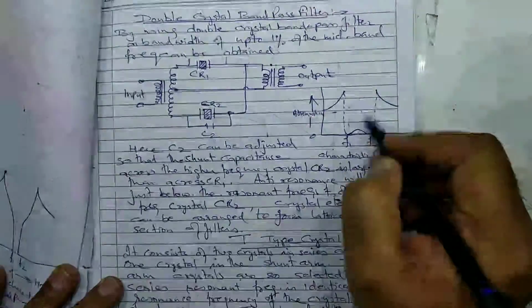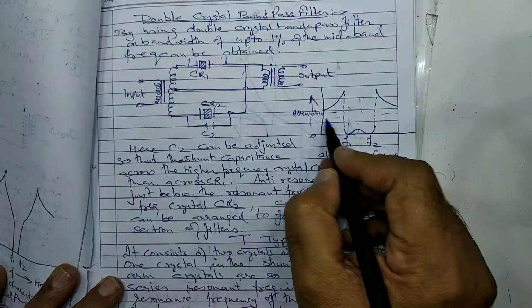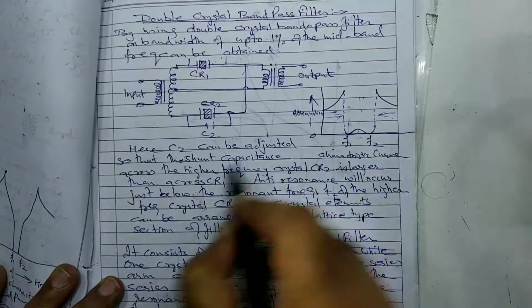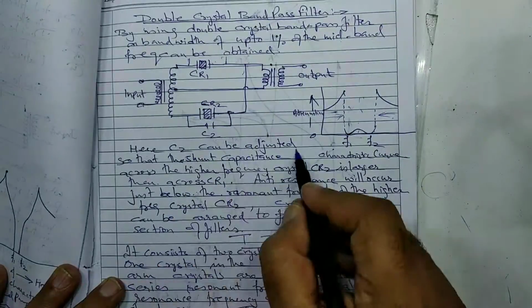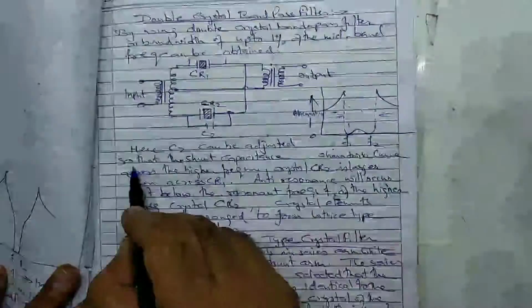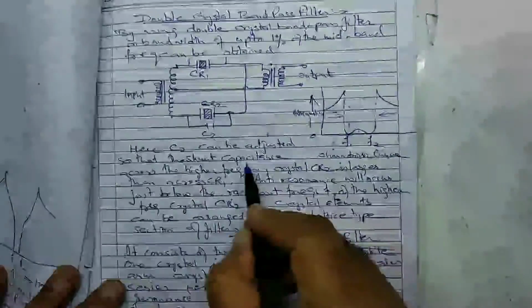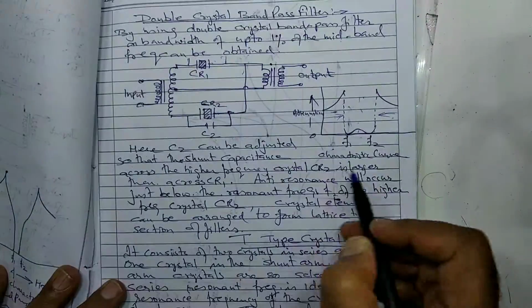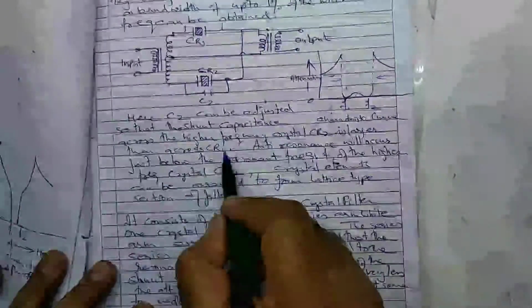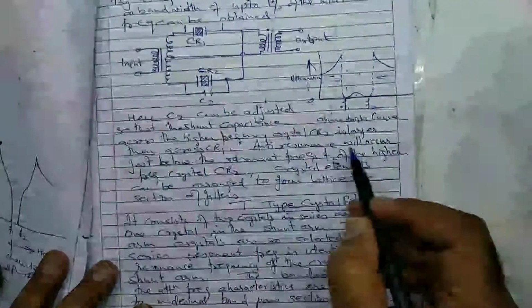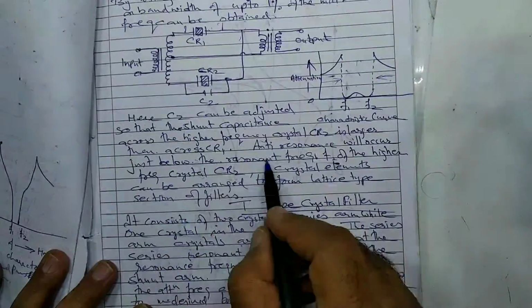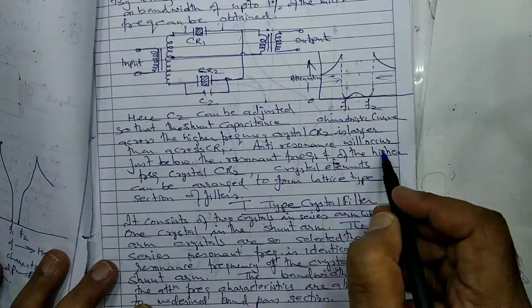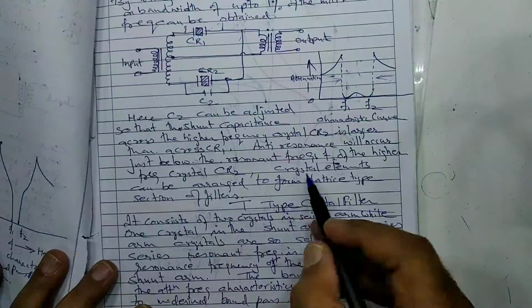This is the pass band, and these are the attenuation bands. Here C2 can be adjusted so that the shunt capacitance across the higher frequency crystal CR2 is larger than across CR1. Anti-resonance will occur just below the resonant frequency F2 of the higher frequency crystal CR2.